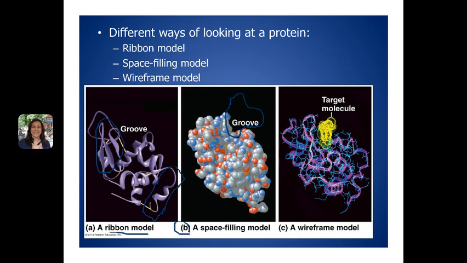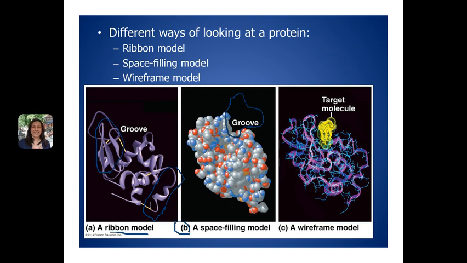And then finally, we have a wireframe model in C. The wireframe model gives you the same structure as you see in the ribbon model, but you've got the functional groups of the side chains of the amino acids extending from the backbone of the protein.